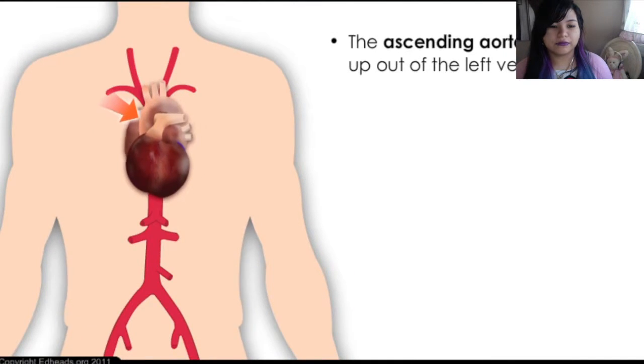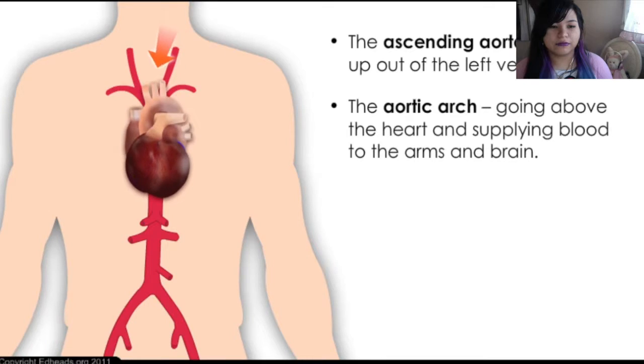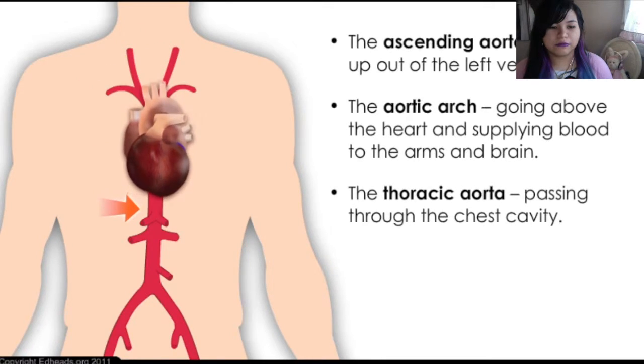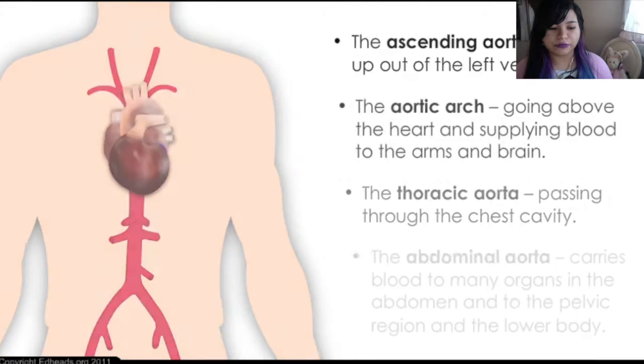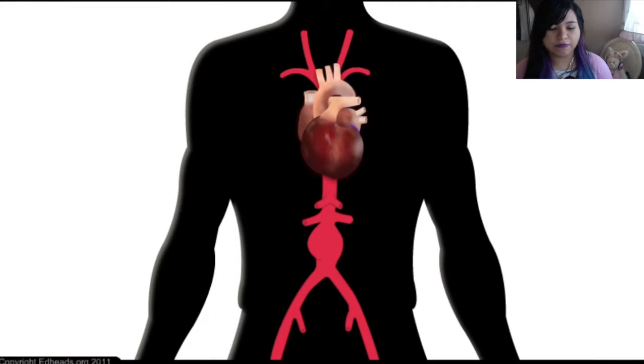The ascending aorta, coming up out of the left ventricle. The aortic arch, going above the heart and supplying blood to the arms and brain. The thoracic aorta, passing through the chest cavity. And finally, the abdominal aorta, which carries blood to many organs in the abdomen, into the pelvic region and the lower body. Our patient today has an aneurysm in the abdominal portion of the aorta.